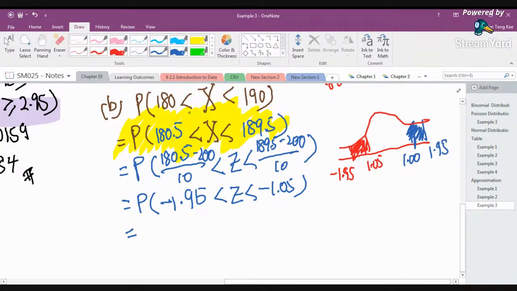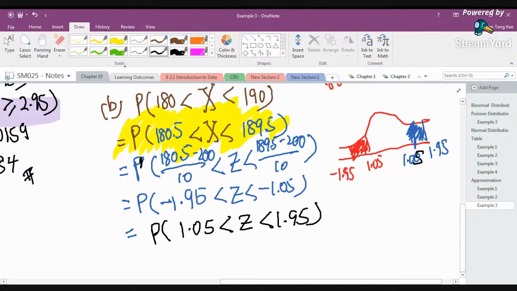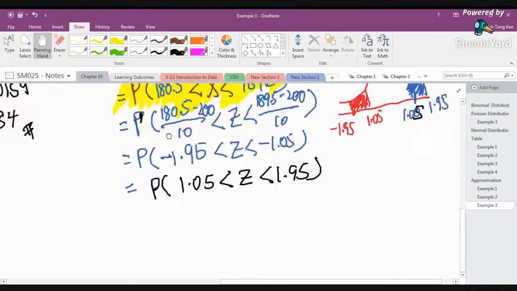In order to get the answer for this situation, I will have my P of Z written as 1.05 less than Z less than 1.95.